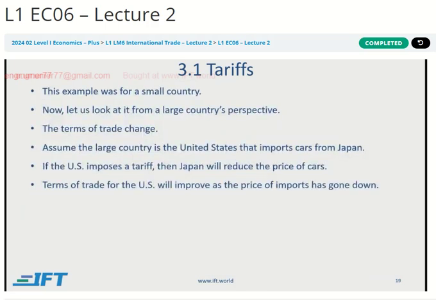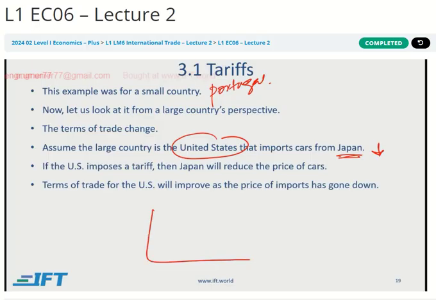Now, this was an example for a small country like Portugal. Why is that so important? Because if it was the US that was imposing these tariffs, what would happen is that Japan would have to then reduce prices. And if Japan would reduce prices, then the situation would be completely different.